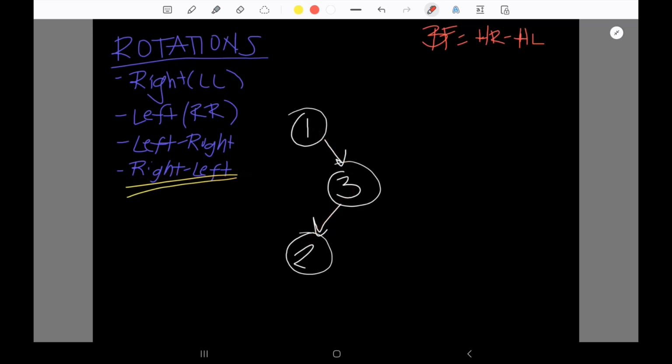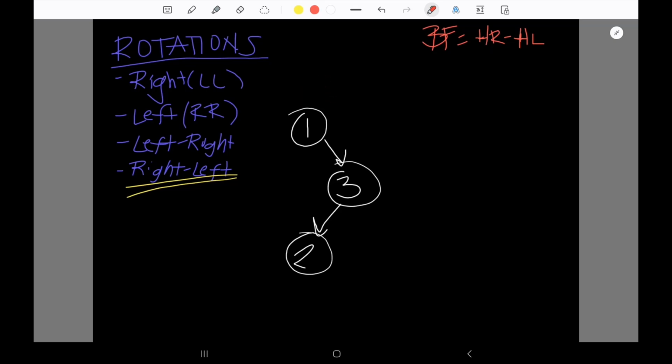We're gonna look for its balance factor. Balance factor of 2 is 0. Balance factor of 3 is -1, because 0 minus 1 is -1. What here? Balance factor is 2. Okay, you're correct.